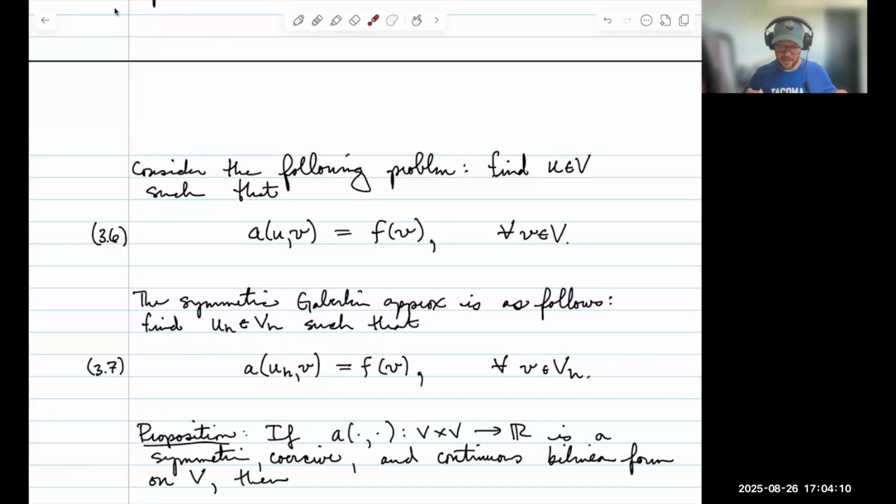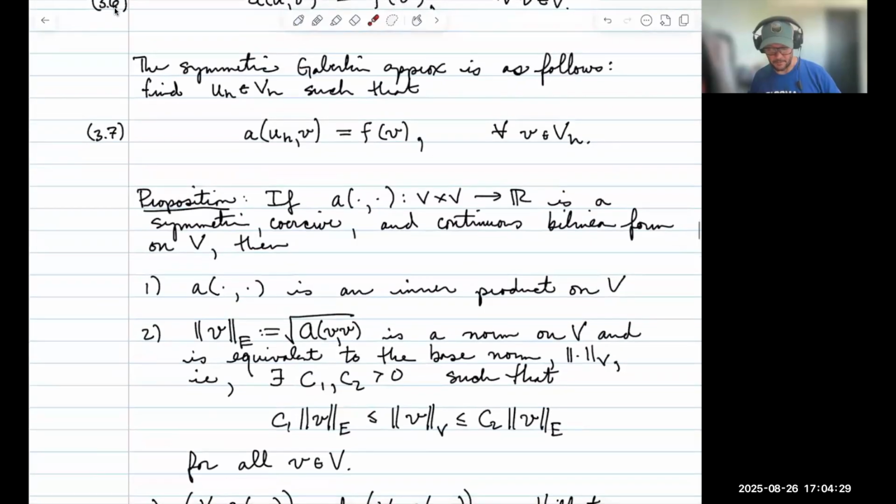A is still going to be coercive and continuous. We're adding this extra layer, so it gives us a little bit something extra.